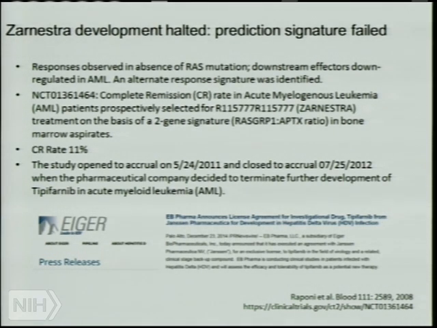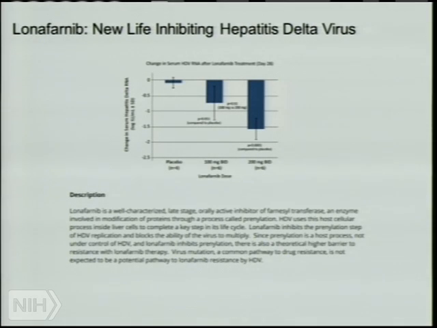So the company decided to terminate further development, but the light at the end of the tunnel, now we're learning so much more, is that they actually have licensed it out for development in hepatitis delta virus, which Wen says, oh yes, I know all about this. So it turns out that the other advanced stage farnesyltransferase inhibitor, lonafarnib, also has a new life in inhibiting hepatitis delta virus.